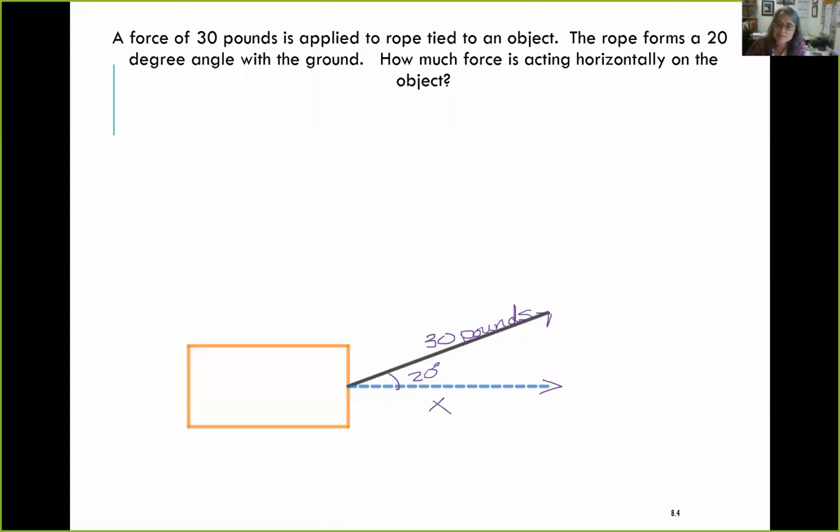So that's my x. X is equal to the magnitude times the cosine of the angle with the horizontal. Take out your calculator and run this through, and it turns out most of your force is going the direction you want it to. Now, the steeper this angle, the smaller the portion of the applied force that is horizontal. So if you really want to move something forward, you want to keep your angle shallow. Okay?